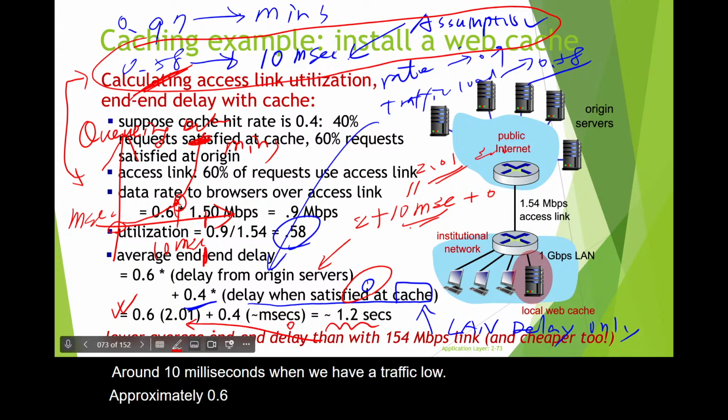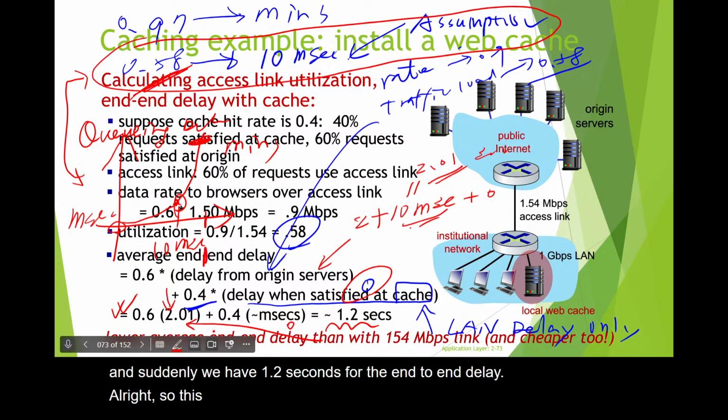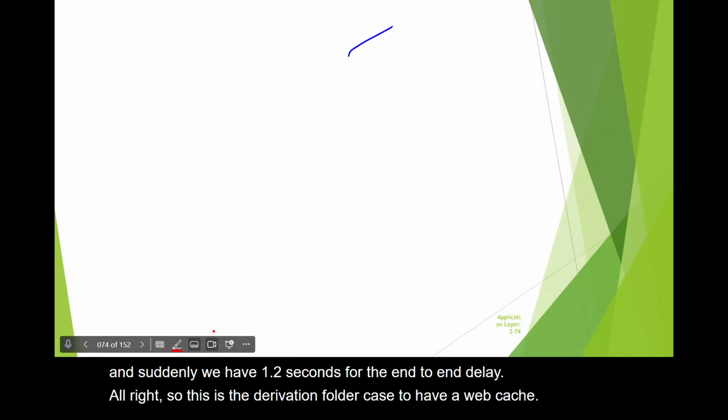So given the assumption, then we will have the value here, and so you have 1.2 seconds for the end-to-end delay. All right, so this is the derivation for the case of having a web cache. So up to now, we have the solution.